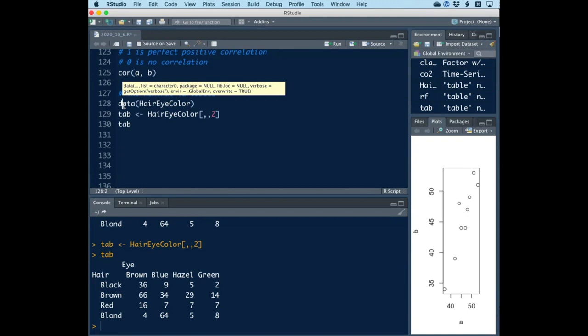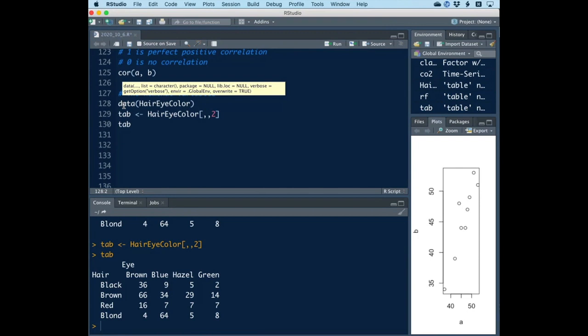What we did was to open a data set, and we discovered that that data set was indeed composed of 2 tables. Each table has rows and columns. So we created a variable tab containing the second table of that data set. That was the table about female.